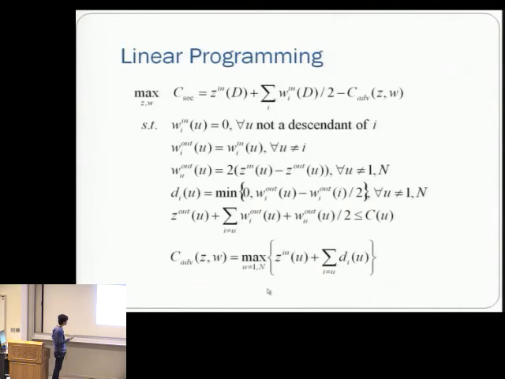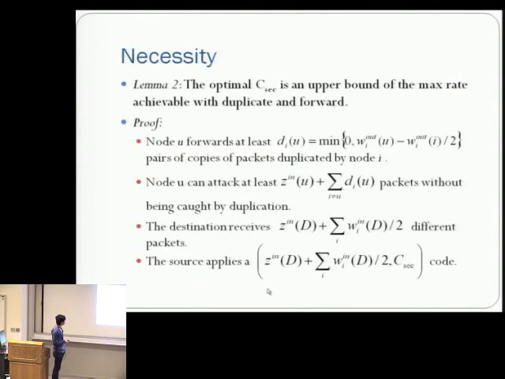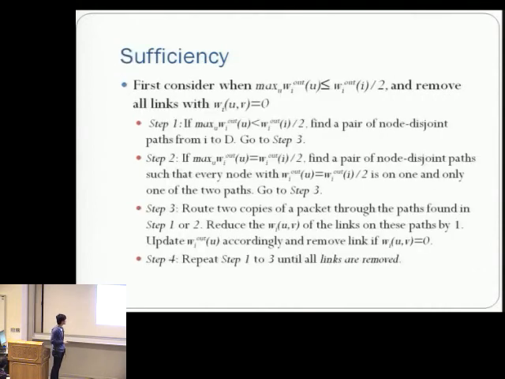So we can solve this problem, and of course we can prove that it's an upper bound of the max rate that can be achieved by duplicate and forward. I skipped the proof since the time is limited.